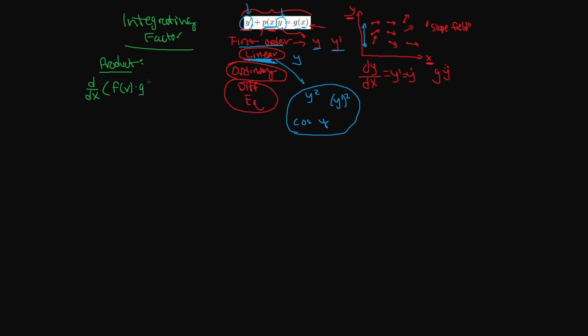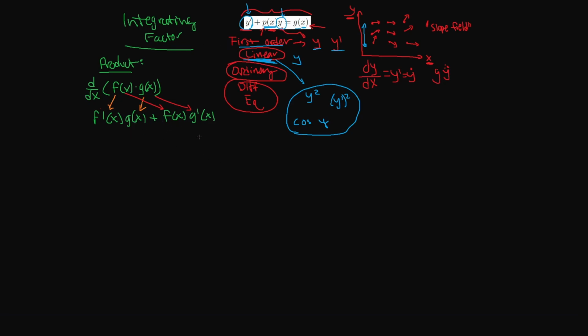So if we have f of x times g of x, this derivative is going to be f prime of x times g of x plus f of x times g prime of x. The idea is that we do the derivative of one and keep the other the same, and then we take the derivative of the other and keep the first one the same. Then we add them together, right? That's the product rule. Good trusty product rule makes derivatives super easy.